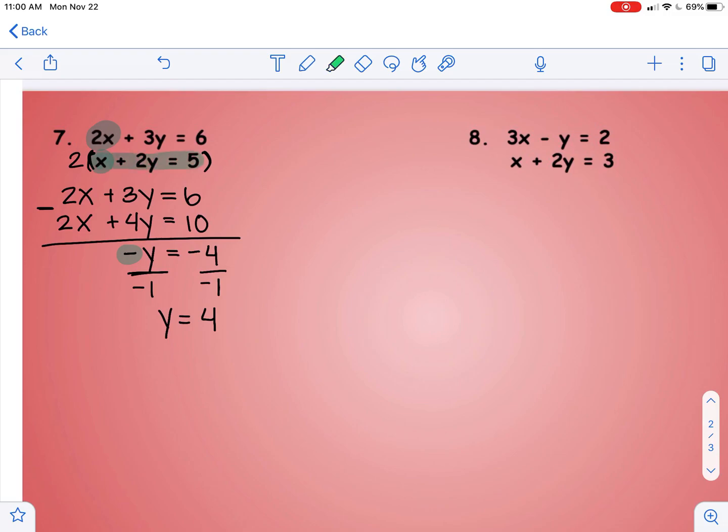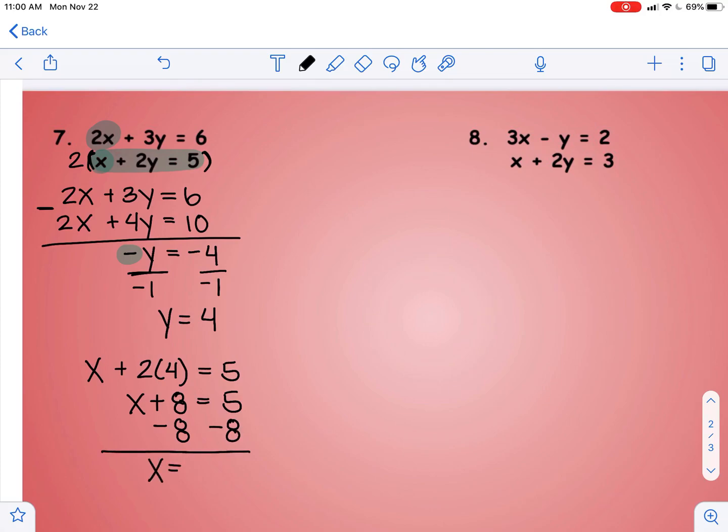So then I'm going to go back up here to my original system, and I'm going to plug this in. So I'm going to get x plus 2 times 4 is equal to 5. So x plus 8 equals 5. And I'm going to subtract 8 from both sides to get that x by itself.